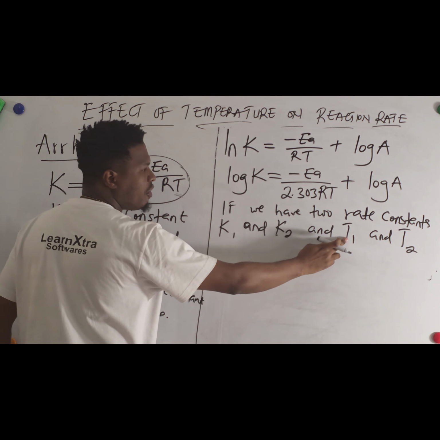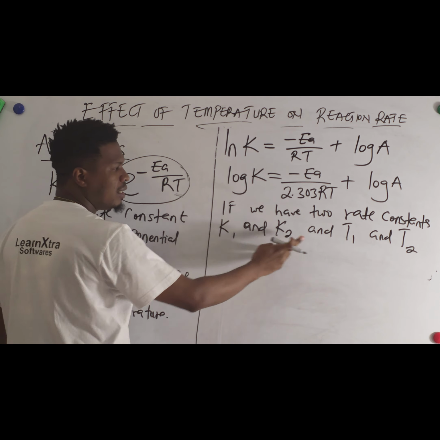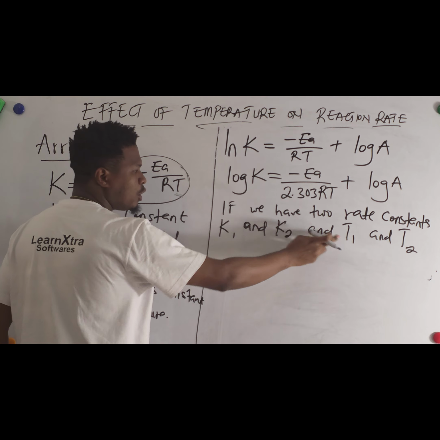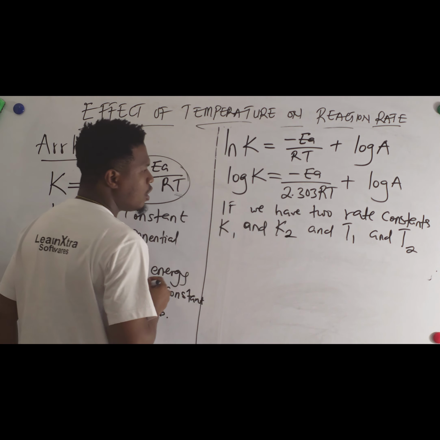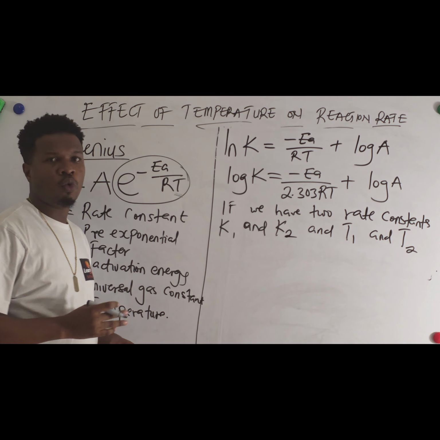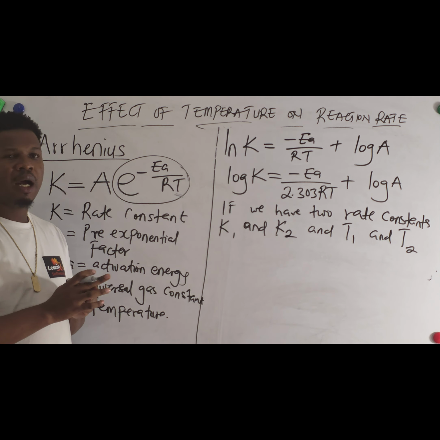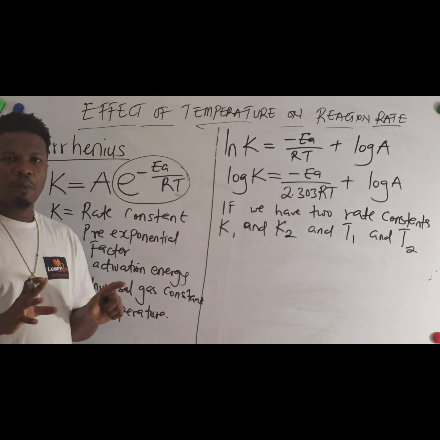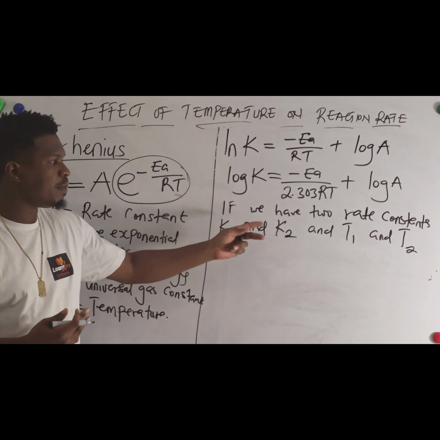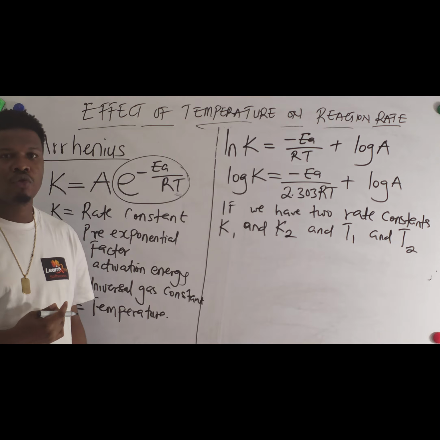The first temperature is for k1, the effect of this temperature on k1. T2 is the effect of this temperature on k2. If we have this kind of equation, we can combine these two to arrive at a more complex equation that we can solve for any of these parameters anytime we are asked to do that.